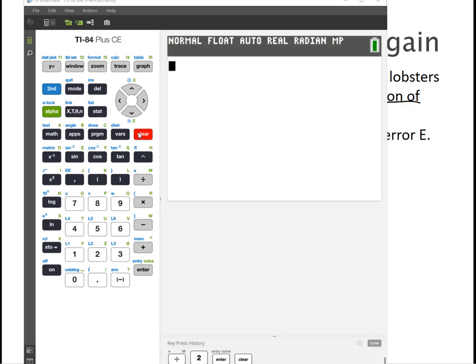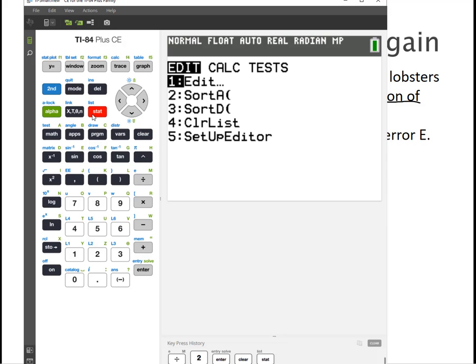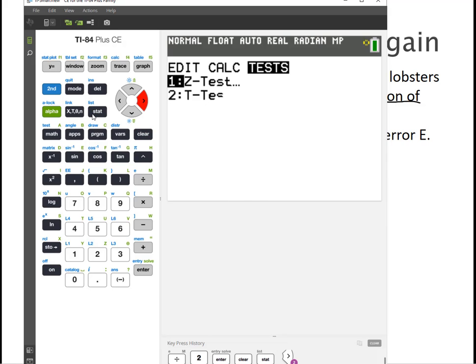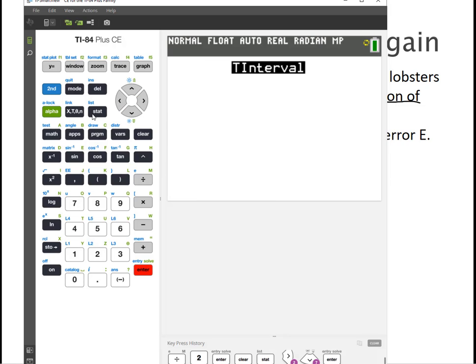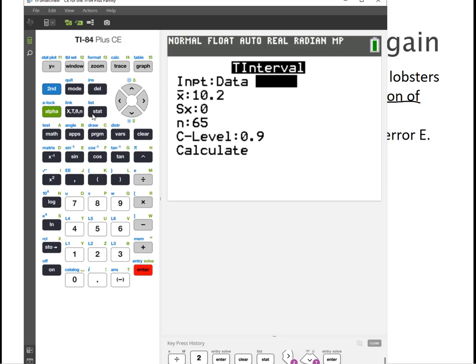So let me clear and erase this real quick. To get to t interval, I'm going to hit stat, go all the way to tests, and then t interval is going to be the 8th option down. So I hit t interval. All right, again, that first line is input, and I need to make sure that I'm on statistics because I'm not given a list of data. So make sure that the statistics option is highlighted and blinking.